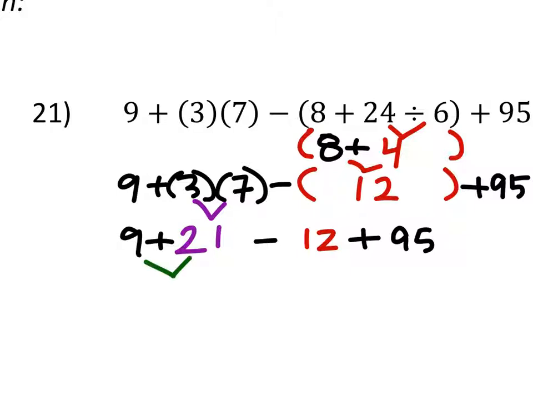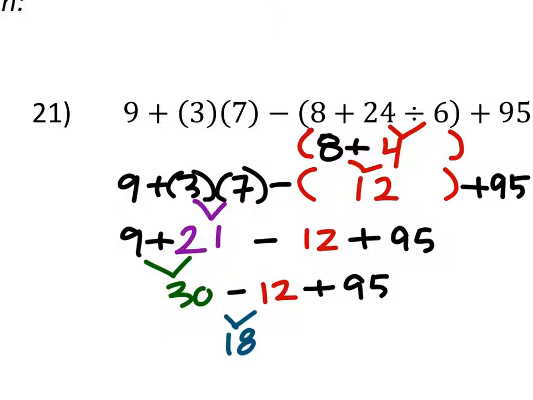So I've got 9 plus 21, which is 30. Now I'll do the subtraction. 30 minus 12, 18. Plus the 95. And when I combine these, I get 113. That's what I got.